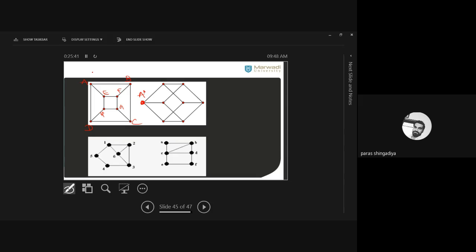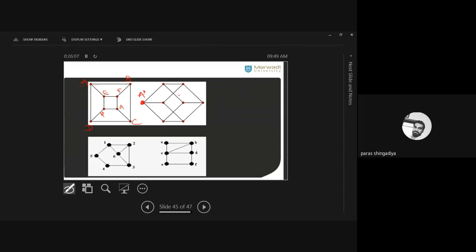Clear? Now in the first graph, A is connected with B, E and D. A किसके साथ कनेक्टेड है? बी के साथ कनेक्टेड है, ई के साथ कनेक्टेड है और डी के साथ कनेक्टेड है. ठीक है. So find such places in the second graph. Okay, find such three vertices in the second graph which should be connected with A dash, and these three vertices should have degree 3. ठीक है.